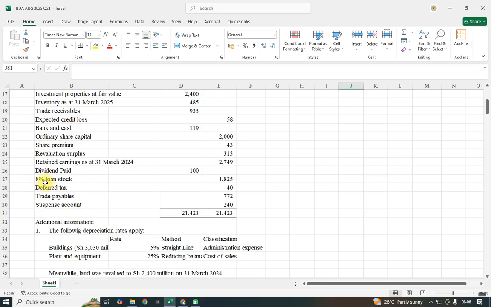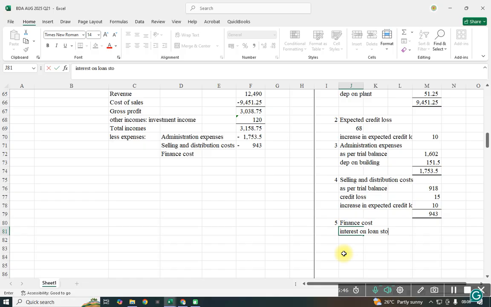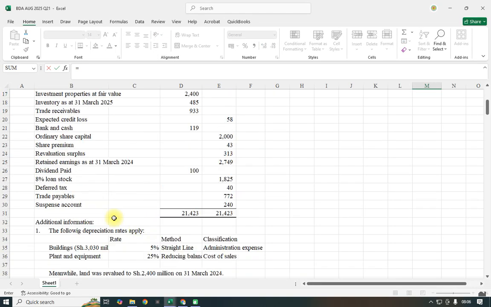So they had paid 8% loan stock. The interest on loan stock, and remember our loan stock, we had a value of 18, and we multiplied by 8%.